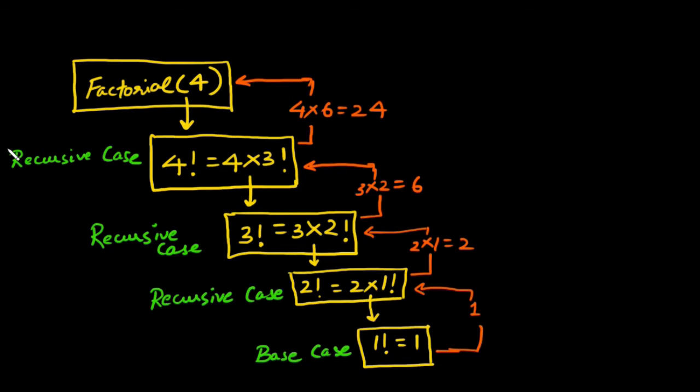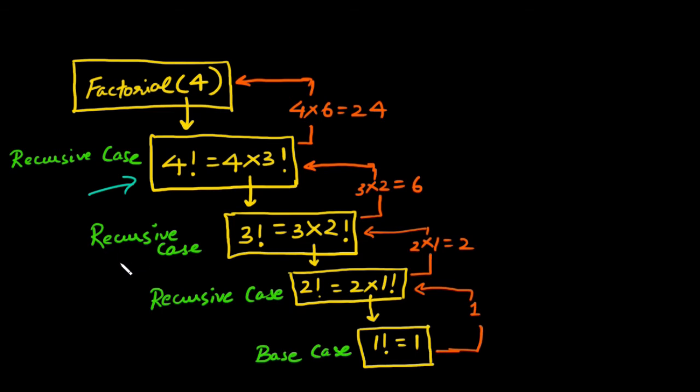We know that factorial of, let's say, 4 is 4 into 3 into 2 into 1, which equals 24, right? This means that factorial of 4 could also be written as 4 into 3 factorial, right? Because 3 factorial is equal to 3 into 2 into 1.